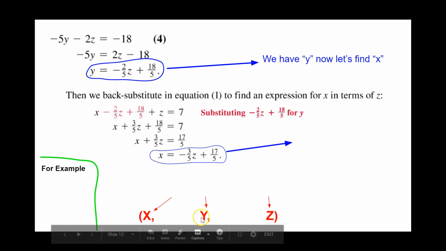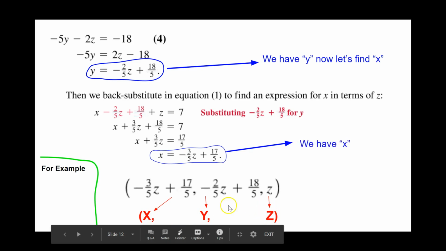So this equation goes for our y, this equation goes for our x, and z is just z for our final answer. So you put this equation, comma, this second equation for y, comma, and then write z. You know to just write z because you'll see that every equation has the z in it.